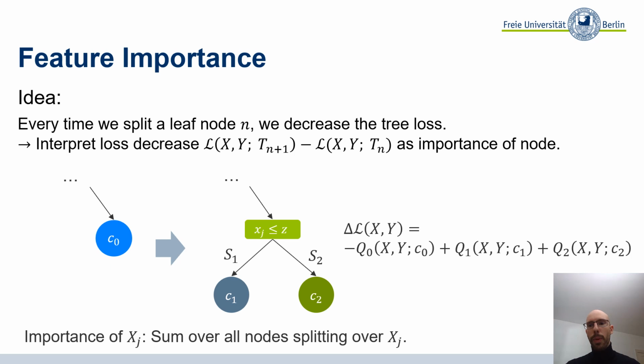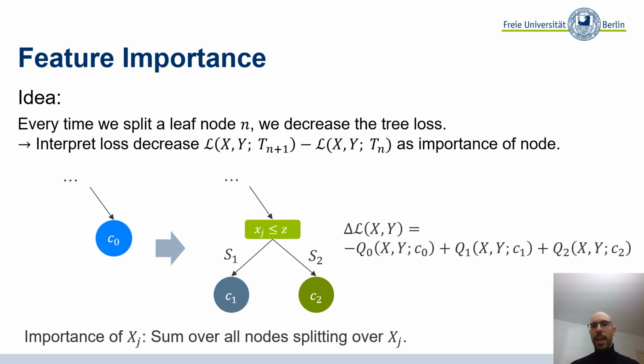Remember when we looked at how the loss evolves as we increase the number of leaves for our tree, the loss decreases exponentially. So every time we add a new leaf to our node, unless we use some kind of penalty, our loss is going to decrease. And this decrease of loss we can calculate in this form.